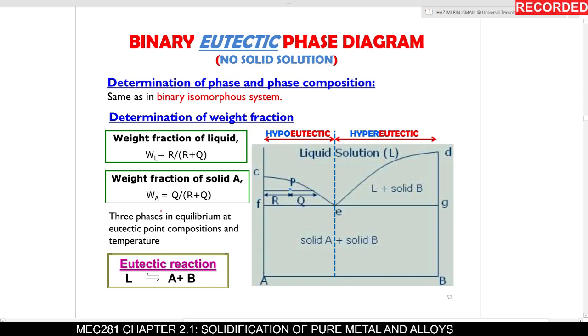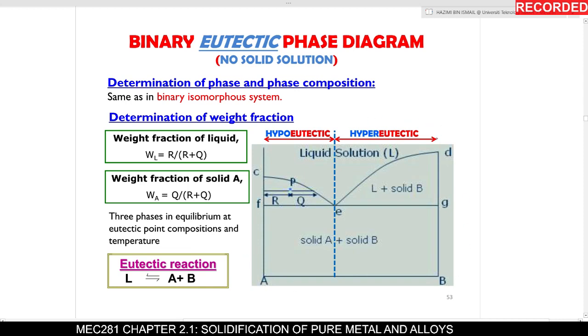You can memorize it, but I think the better way is to memorize this value minus this value, the Q value minus the P value, over the Q value minus the R value. Never mind, we will show you in this video later how to find the weight fraction of solid and liquid.